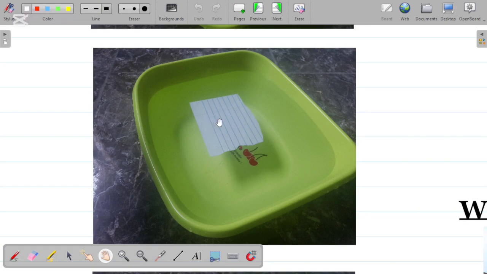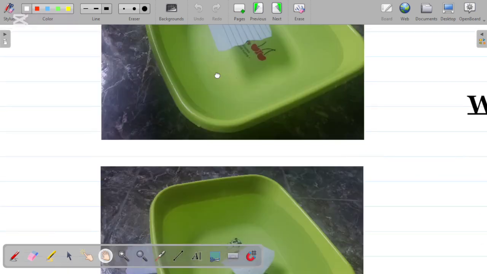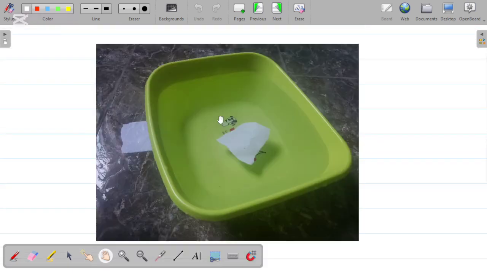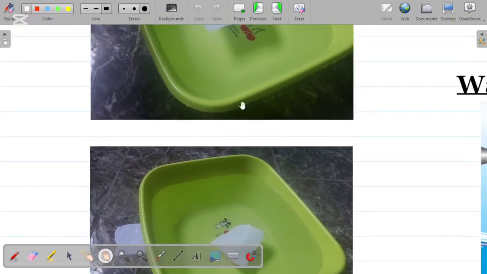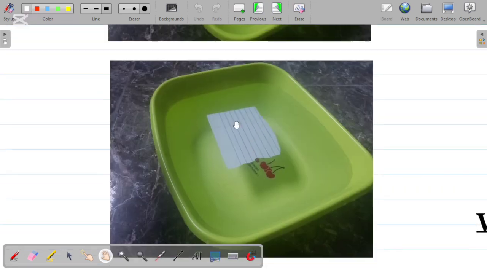It won't sink. But if you drop the paper forcefully, it will sink. So the reason why it floats here is because of surface tension. So it is surface tension that makes it not sink.